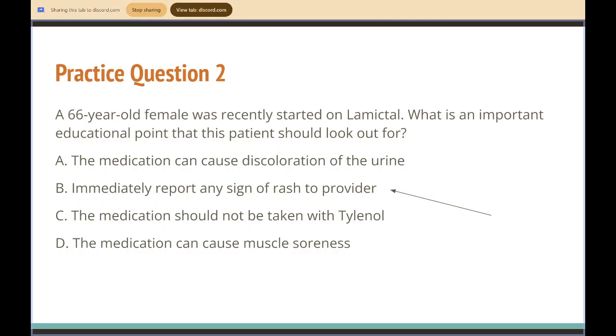Most cases of life-threatening rashes occur within 2 to 8 weeks of starting treatment. However, there are isolated cases with long-term treatment. So this should be counseled to all patients taking lamotrigine, and that is very, very important.